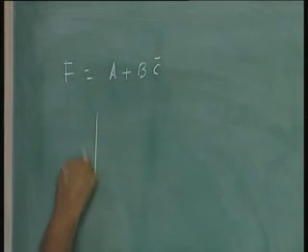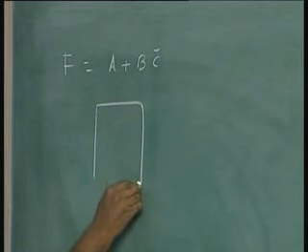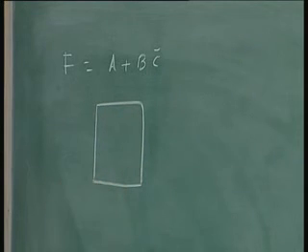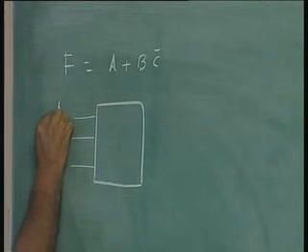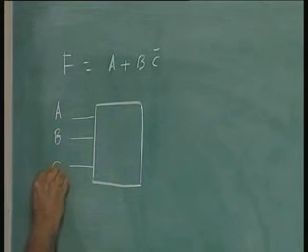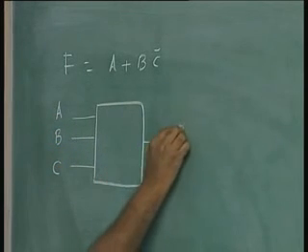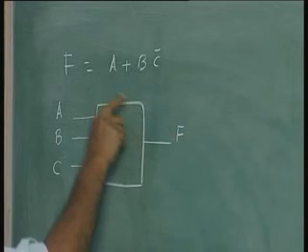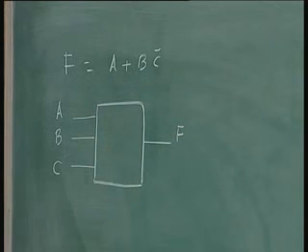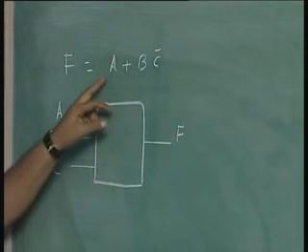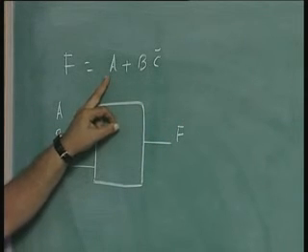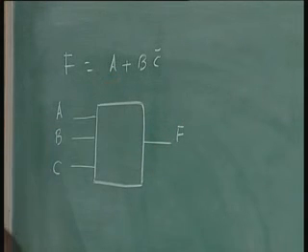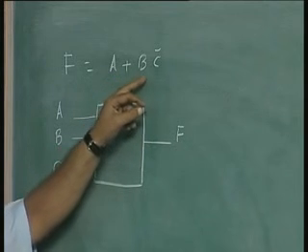That means we said there is a digital system or a circuit with three inputs a, b, c, and output f, and this output f is true for this condition of the input combinations: output is true if a is true or if b is true and c is not true.